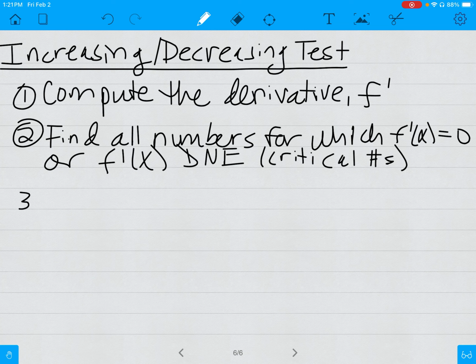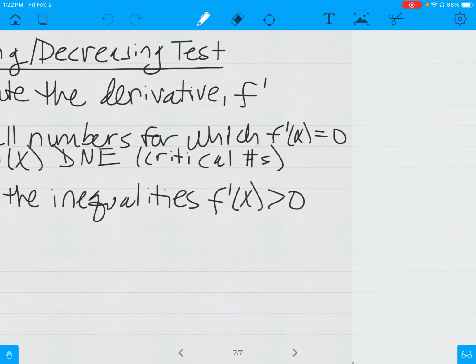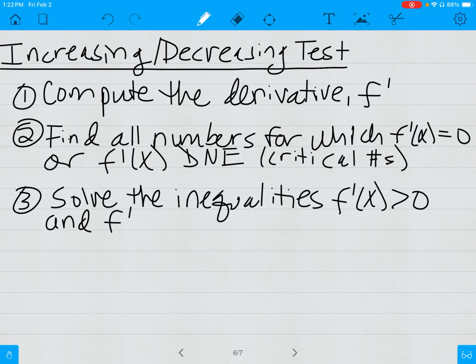Then in step three, we are going to solve some inequalities. Specifically, we're going to solve the inequalities f prime of x is greater than 0 and f prime of x is less than 0.